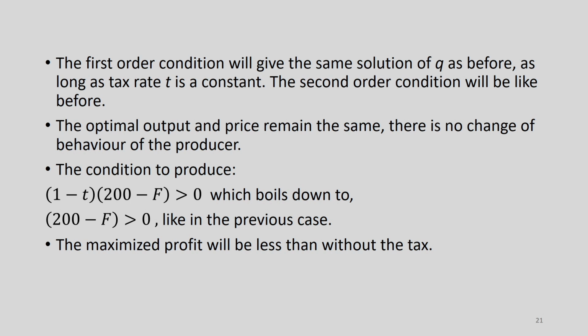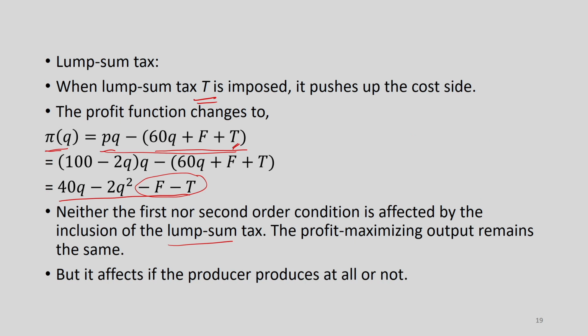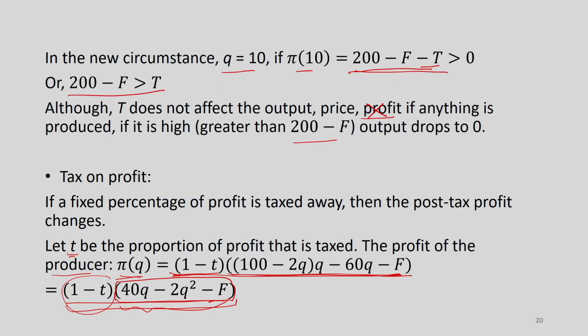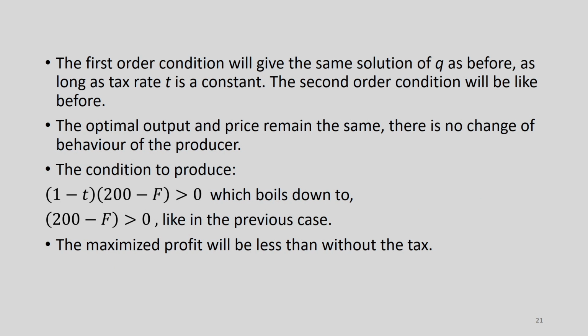Therefore, the optimal output and price remain the same. There is no change in the behavior of the producer. The optimal price and output we got earlier were Q equal to 10 and P, I think, equal to 80. So 10 and 80, optimal quantity and price, will hold here also, but there was a condition whether the producer will be producing at all or not.